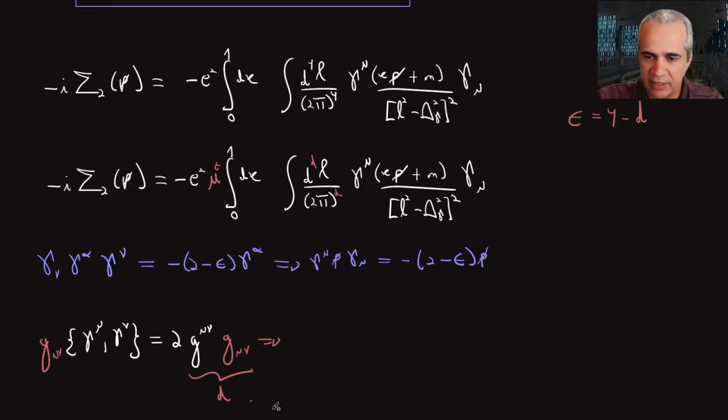This is d in d dimensions, and that means that this gamma mu gamma mu is d, because you have 2 gamma mu gamma mu here and 2d here, so the 2 cancels in both sides of this equation. You have this one.